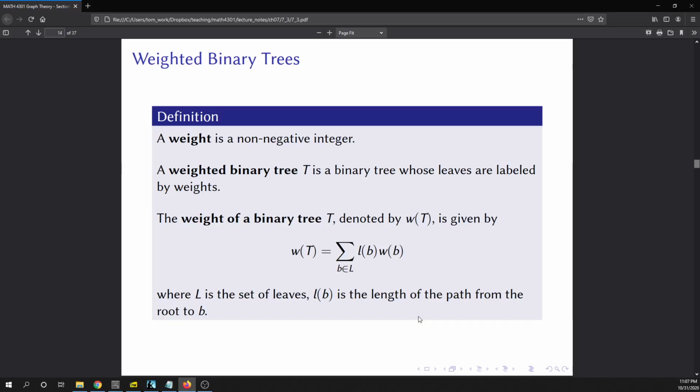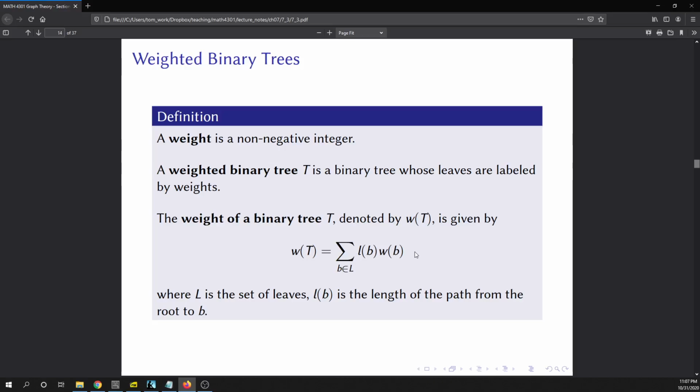Those are labeled by weights. And then the weight of a binary tree is denoted by W of t, and it's given by this formula. This would be the sum over all of the vertices B in the leaves, and the sum would be of the length of the path from the root to B times the weight of B. So you would multiply all those out and then add all those up for the leaves.